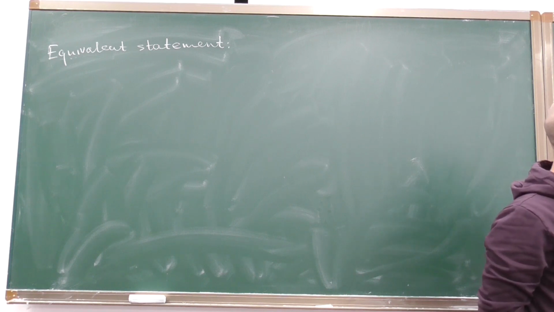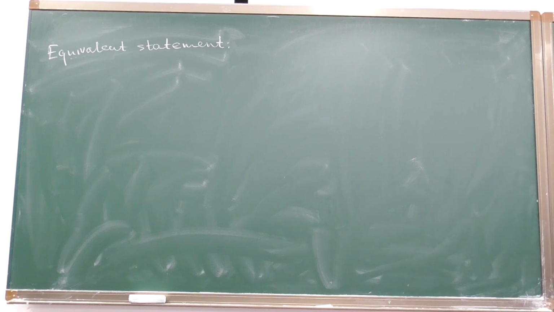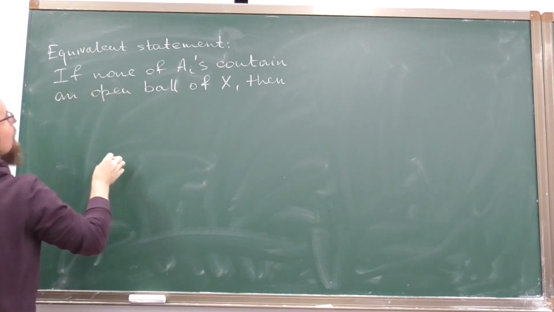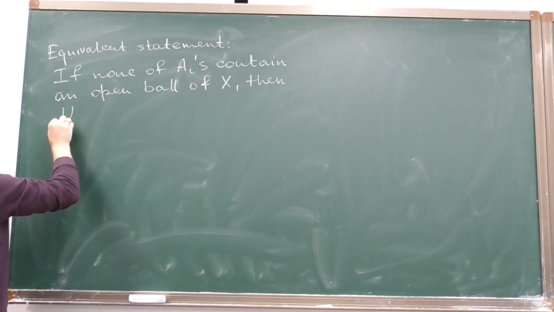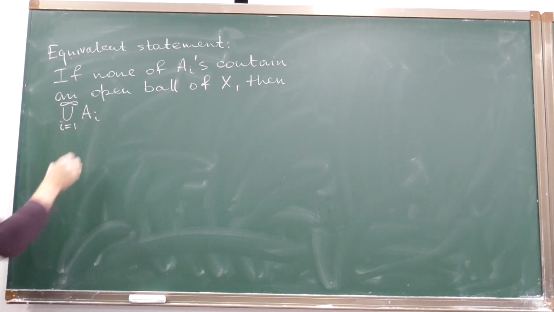So the equivalent statement is: if none of these sets A_i contains an open ball, then neither does the union of all of them.